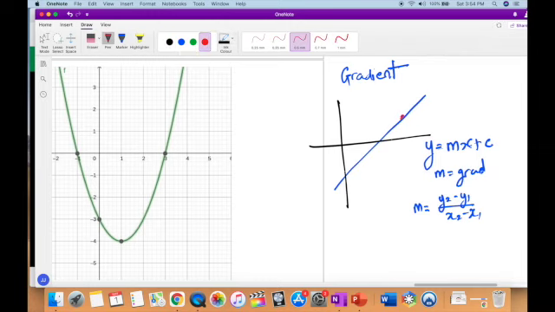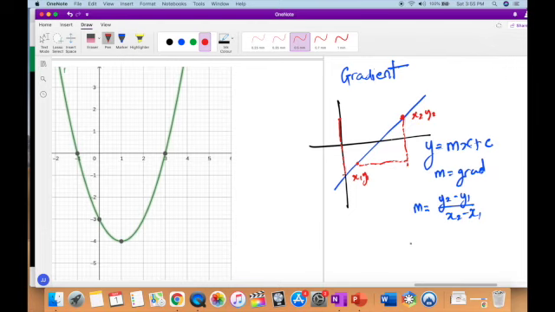When we have the 2 points, x2, y2 over here, and x1, y1 over here, what we're doing is taking the y values, y2 over y1. That is this difference here, right? And we're dividing it by x2 minus x1, which is this difference here, right?